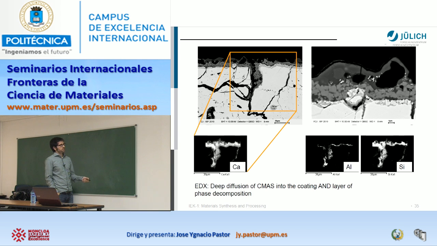And for example, in that case, it's quite useful to see the penetration. For example, also here, this kind of bubble from the CMAS and how they penetrate. Here is clearly the silicon and the alumina, some silicates that penetrate. Or here some calcium, probably silicates.